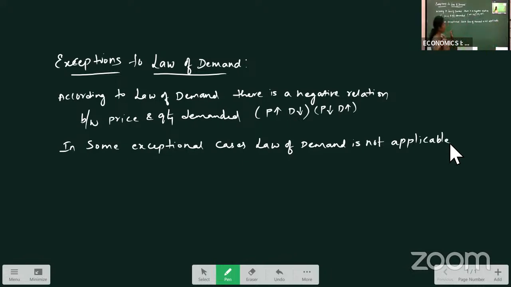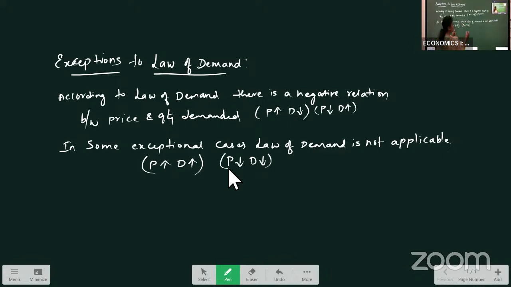In certain types of goods, when price increases, demand will not decrease. In some exceptional cases, when price increases, demand increases, or when price decreases, demand decreases.